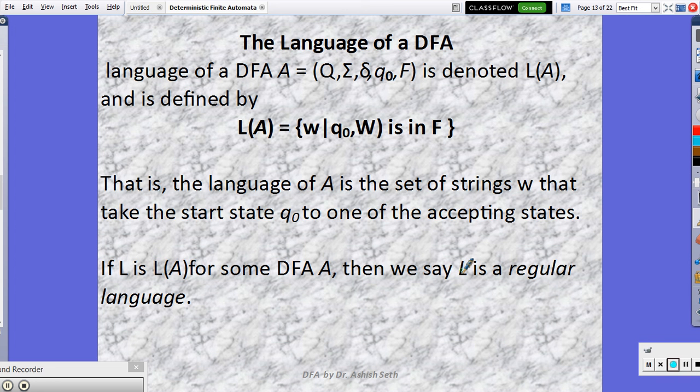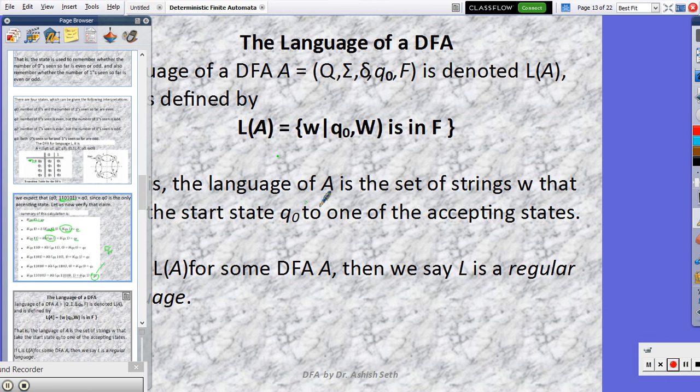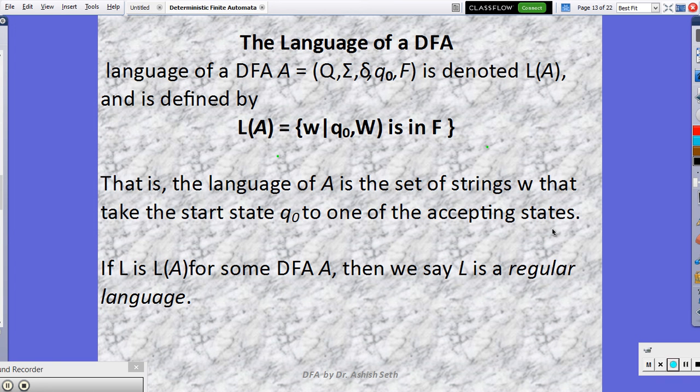So L is a collection of all the strings accepted by the given DFA, which defines the language of a DFA. The language of A is a set of strings that take the start state Q0 to one of the accepting states. If L is L(A) for some DFA A, then we can say that L is a regular language, or you can say the language of a DFA is a regular language.